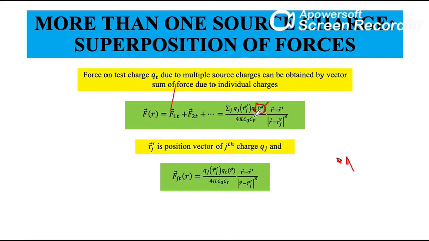So in fact you can pull the field charge outside, and whatever you are left with, multiplied by QT, is going to give you the force by the jth charge on test charge QT. If you sum all these forces, you are going to get a particular expression. We will not solve any problem with superposition of forces. We will in fact solve a different problem, of continuous charge distribution, later.